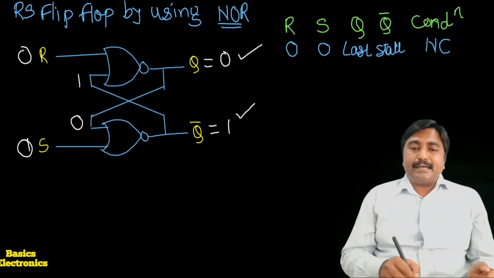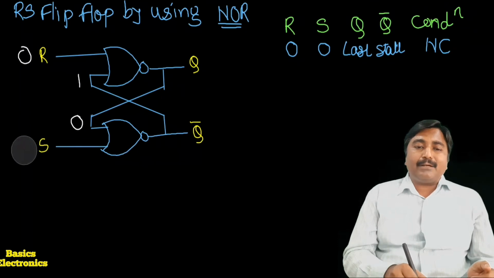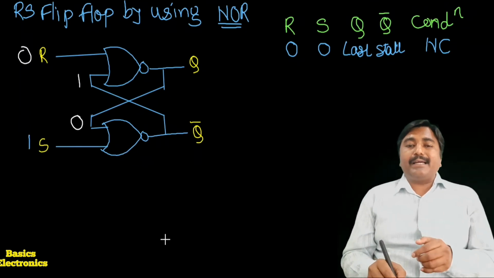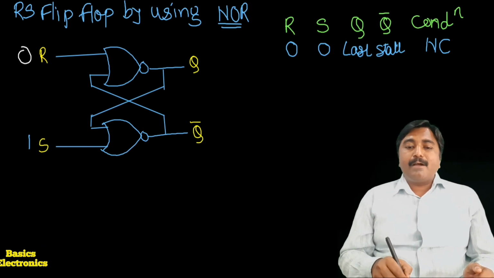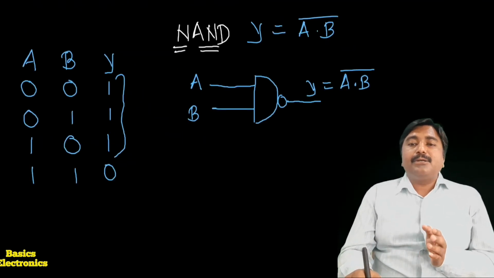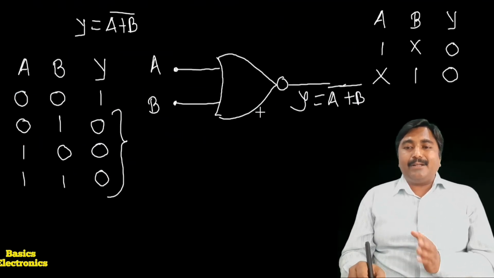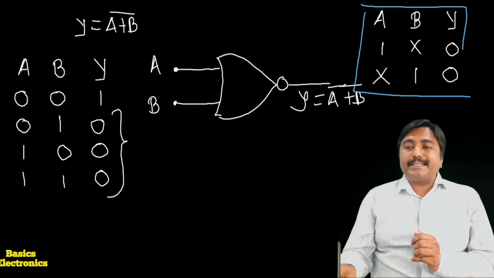Now we consider the second condition of the flip-flop, when we apply the inputs R equals 0 and S equals 1. For that, we have to consider the don't care condition of the NOR gate. What we say in the NOR gate is, if any one input is high, then its output is low.